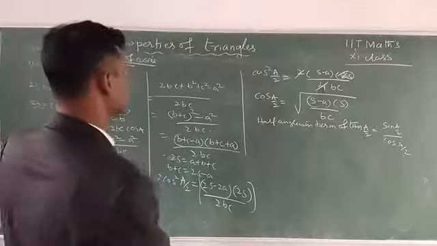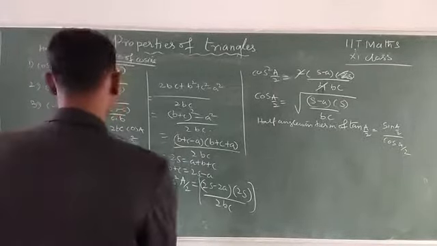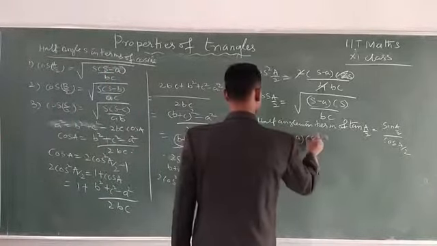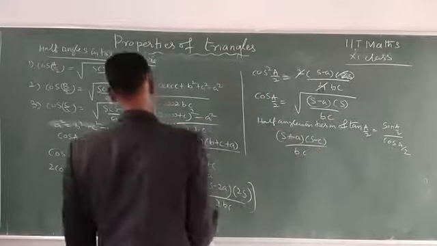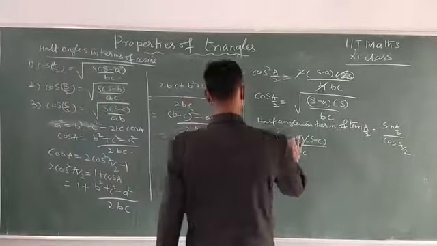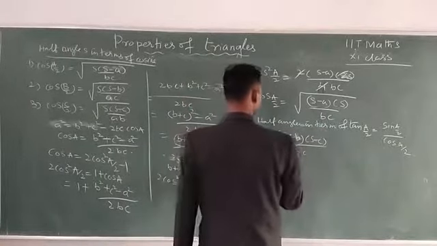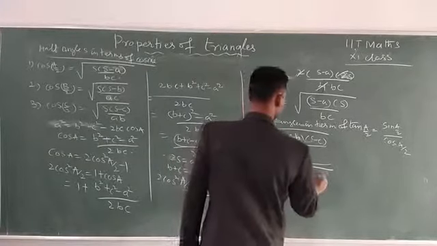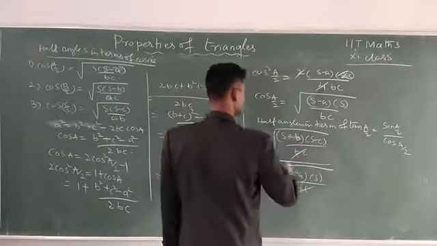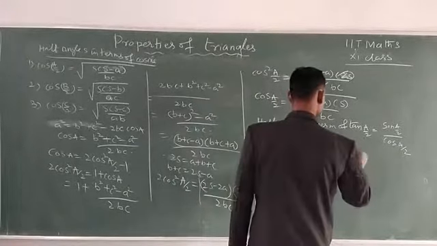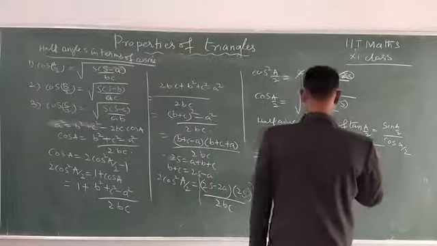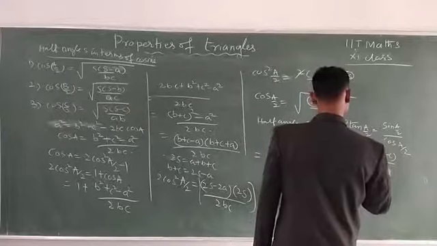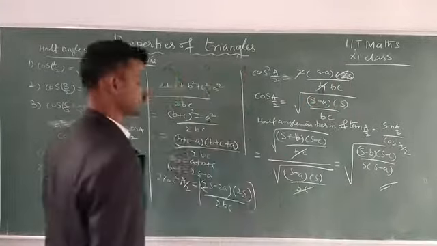Actually already we derived sin A by 2 is equal to under root of (s minus b) into (s minus c) by bc, divided by cos A by 2, which is under root of (s minus a) into s by bc. Here bc cancels. Now this is rewritten as (s minus a), (s minus b) into (s minus c) by s into (s minus c)... remaining also same as this, you can follow it.